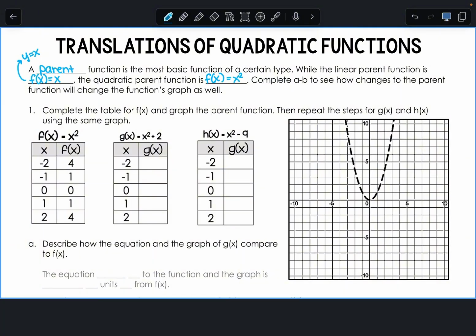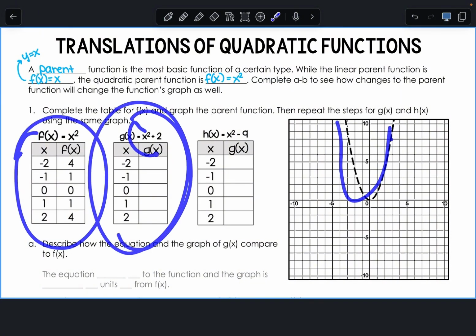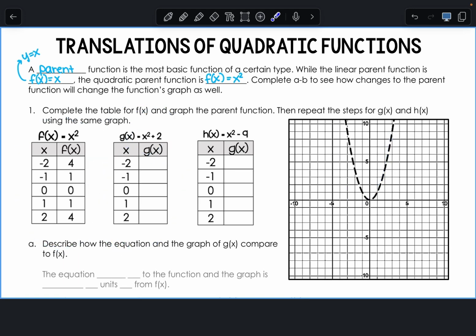That way you can see what happened to the parabola. For the first one, we want to compare what happens from the parent function, our starting point, to g of x. They give us this equation right here. We're going to put that into y equals and fill our table in.